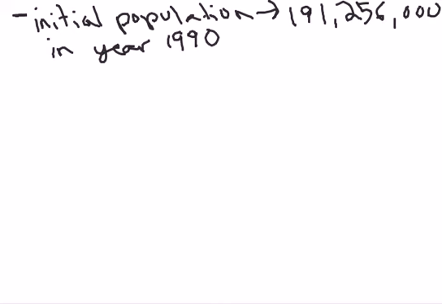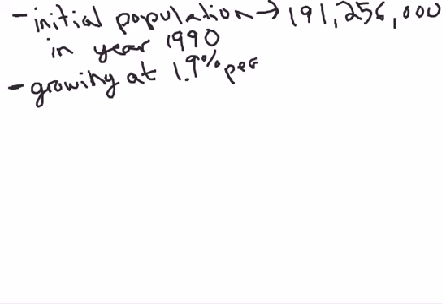Okay, then you have the fact that the population is growing. So hint, growing would refer to exponential growth at a rate of 1.9% per year.